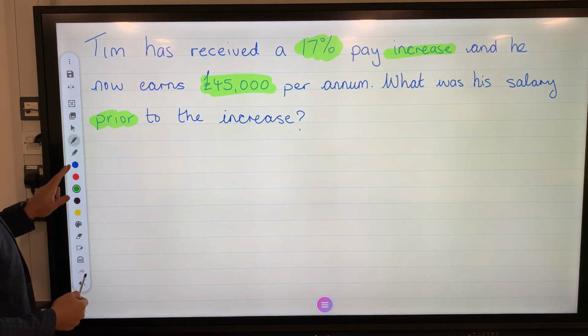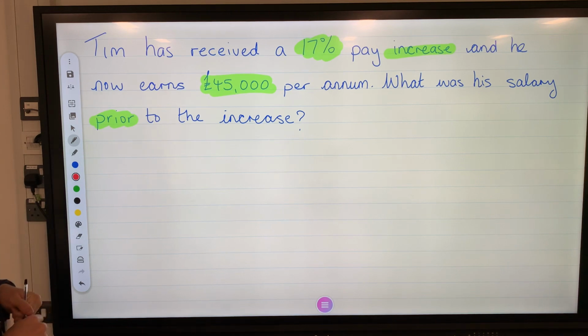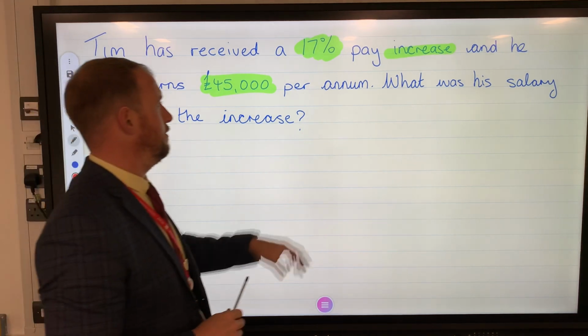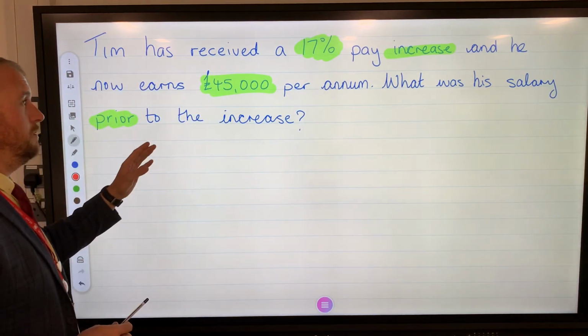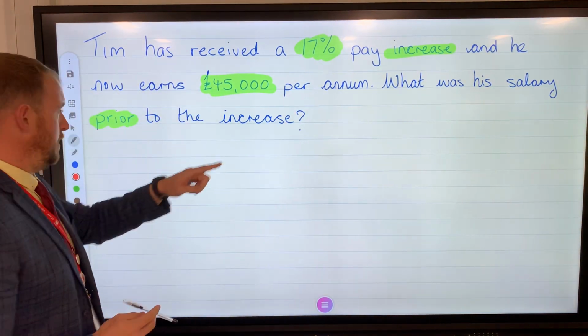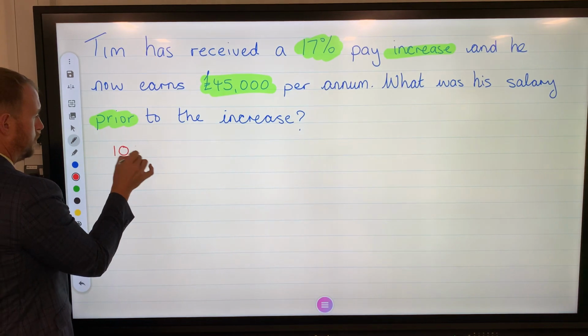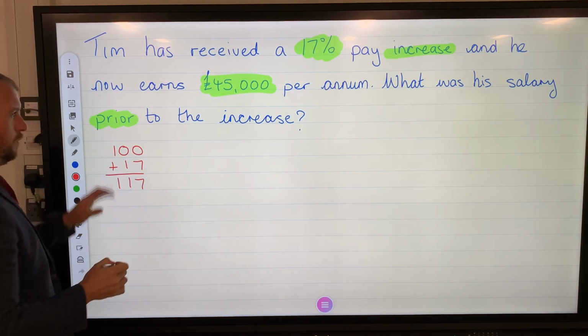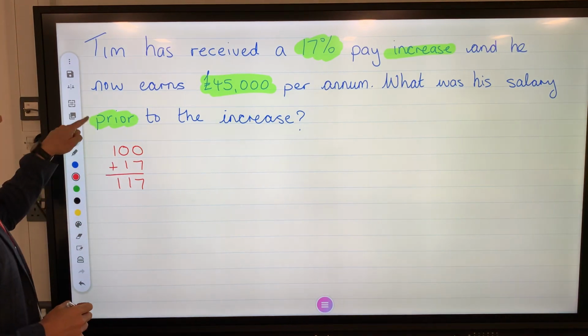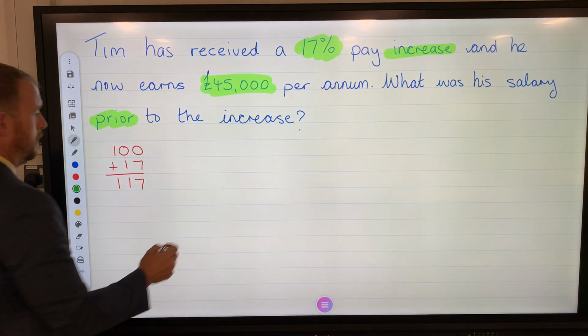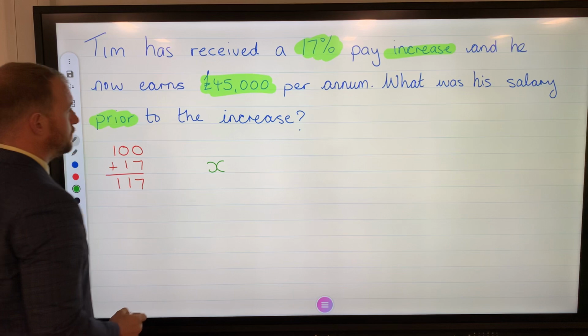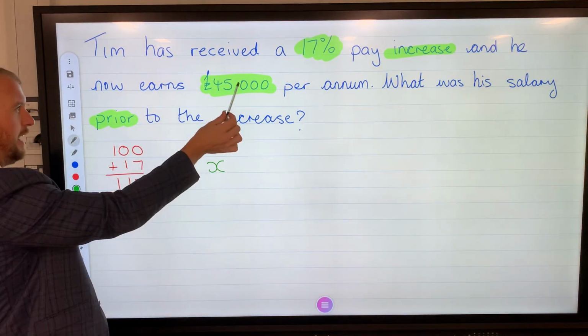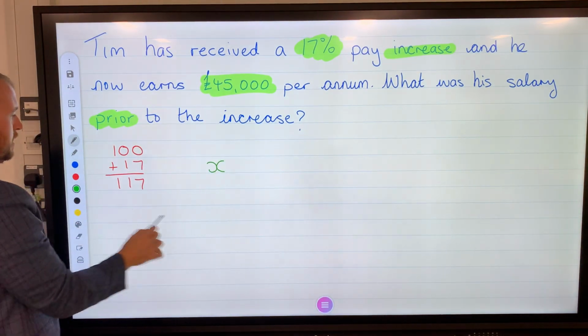So let's use a red pen here then just to stand out. Tim has received a 17% pay increase. Now, again, if you've looked at the previous videos, you should think increase will be 100 plus the 17 to get 117. We'll use that in a minute. We don't know the price before, so let's use X. It was increased by 17%.